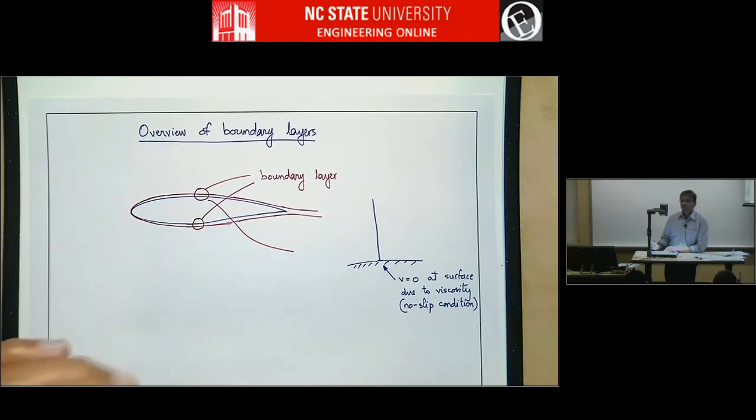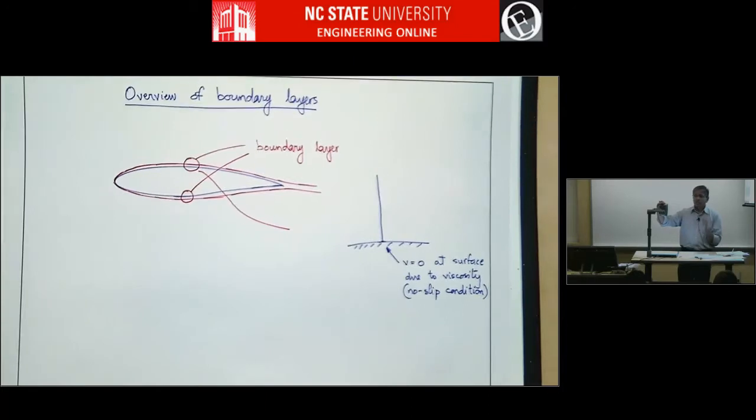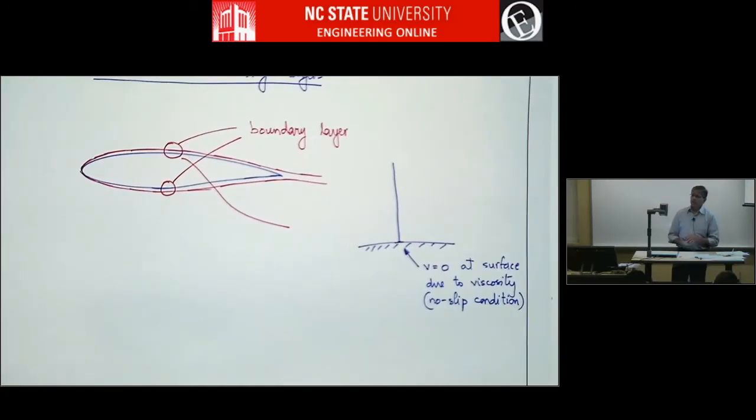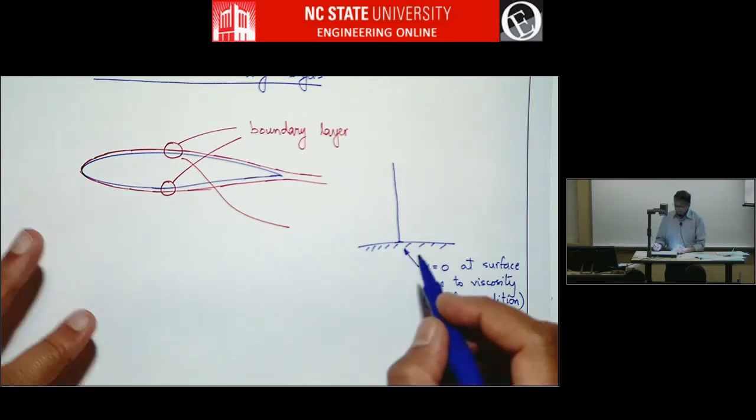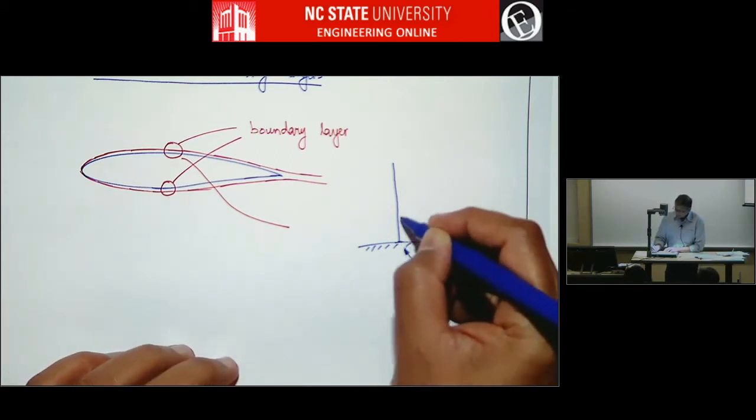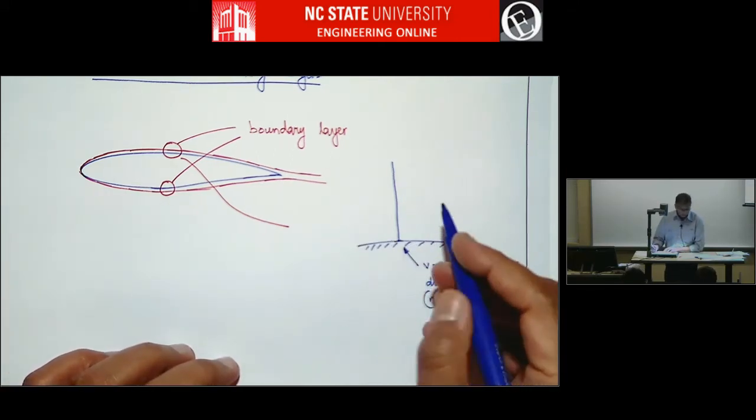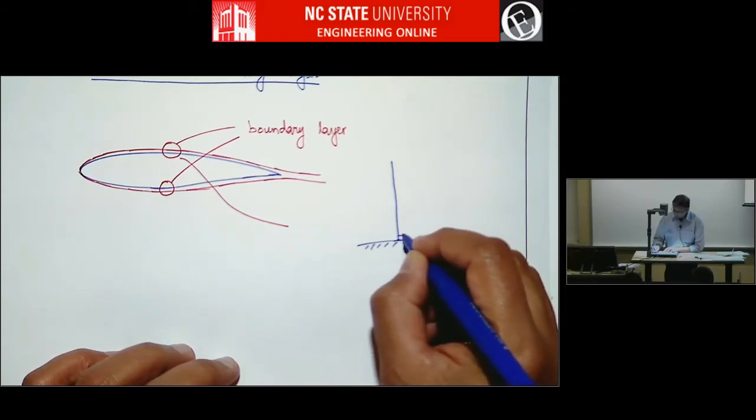So this is in real flow. Often we'll go to the approximation of inviscid flow, and that's just to make calculations easy. It turns out for many purposes inviscid calculation is good enough. But real flows are viscous, and because of viscosity, velocity will become 0 at the surface. But as you go normal to the surface outward, the velocity will start increasing.